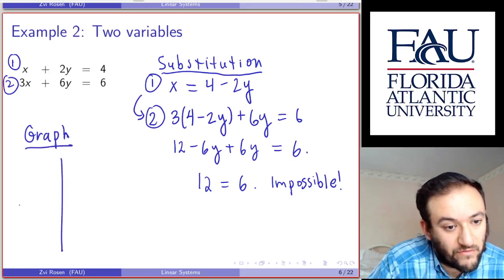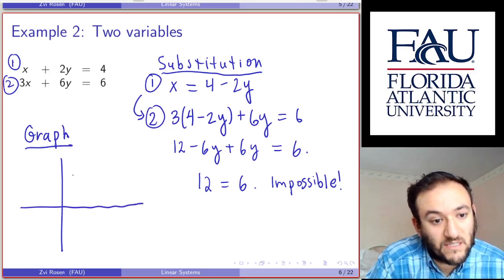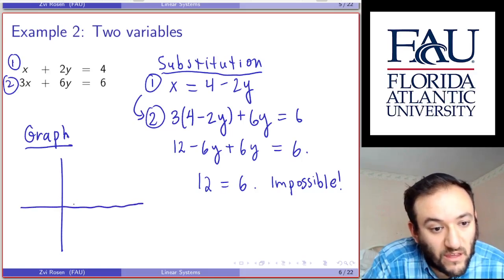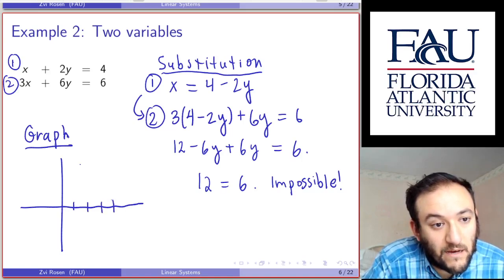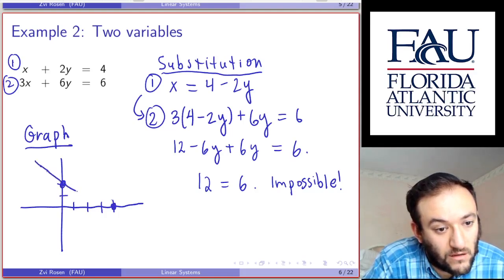So we have x plus 2y equals 4. Thinking about the x-intercept, that's going to be x equals 4, and the y-intercept is going to be y equals 2. That's for line 1.